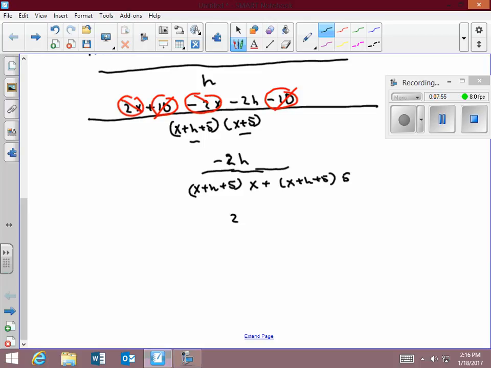That denominator's miserable. So now we got x squared plus 10x plus hx plus 5x plus 5x plus 5h plus 25.